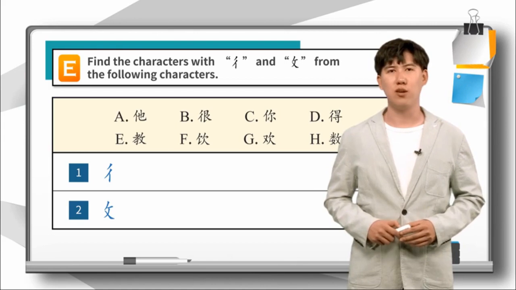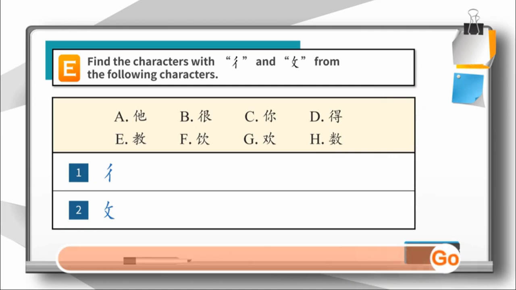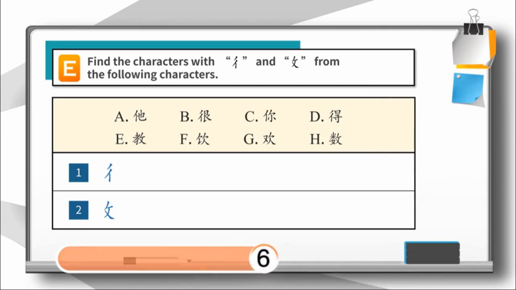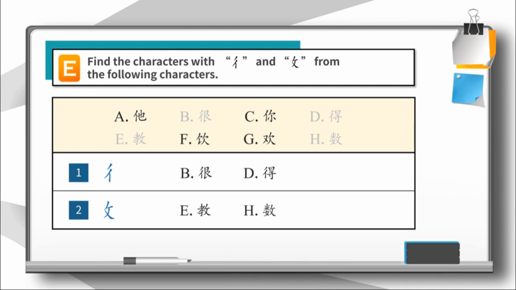Try to find the characters with 双人旁 and 反文旁. Let's check the answers. 双人旁: B 很, D 的. 反文旁: E 教, H 树.